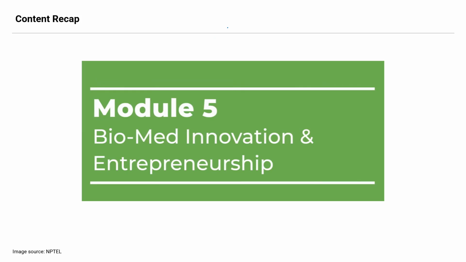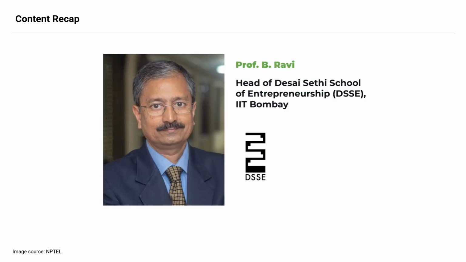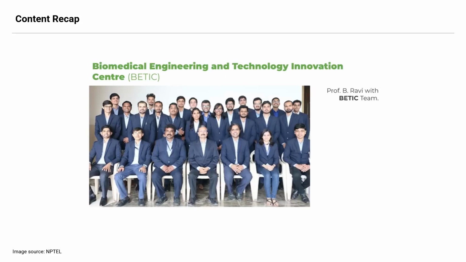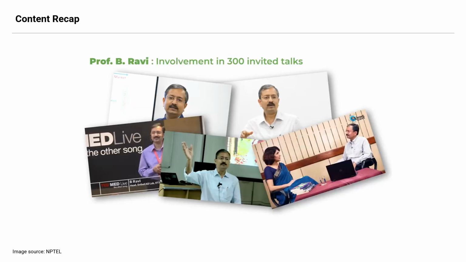So, what I'll do is I'll quickly go through the visual summary and then I'll also show a couple of things. We've got Professor B. Ravi from the Decisive School of Entrepreneurship, and it's his team, BETIC, which is the Biomedical Engineering and Technology Innovation Center. The credentials of Professor B. Ravi are immensely high, and he has been very active in most of the initiatives.